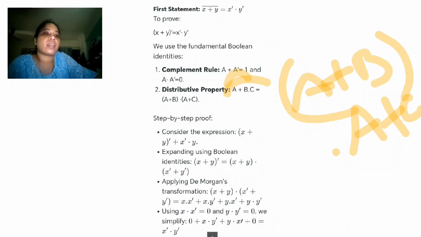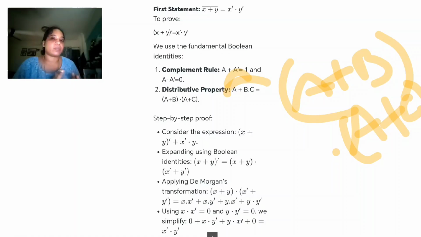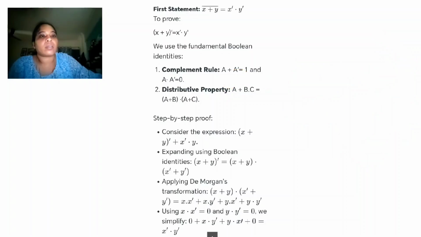This is your second expression by using this distributive law. So we are given some expressions, and we are going to expand them. Next, a step-by-step procedure for how we can do these expressions in a mathematical function. So the first expression is x plus y dash, then x dash dot y.